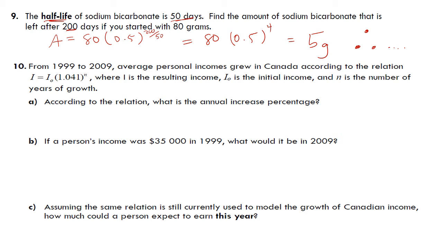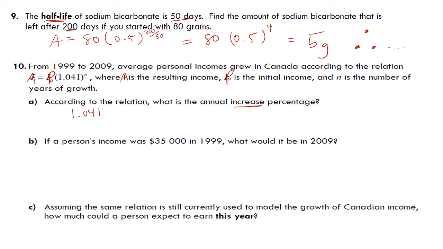Number 10, from 1999 to 2009, the average personal income grew in Canada according to this relation. If seeing those letters rattle you, you can always just change them to what we did. A and P, they're the exact same thing. And A is the resulting income, and P is the initial income, and N is the number of years. So according to the relation, what is the annual increase percentage? So what you have to know, first of all, you know it's increasing because the base is bigger than 1. We got 1.041.